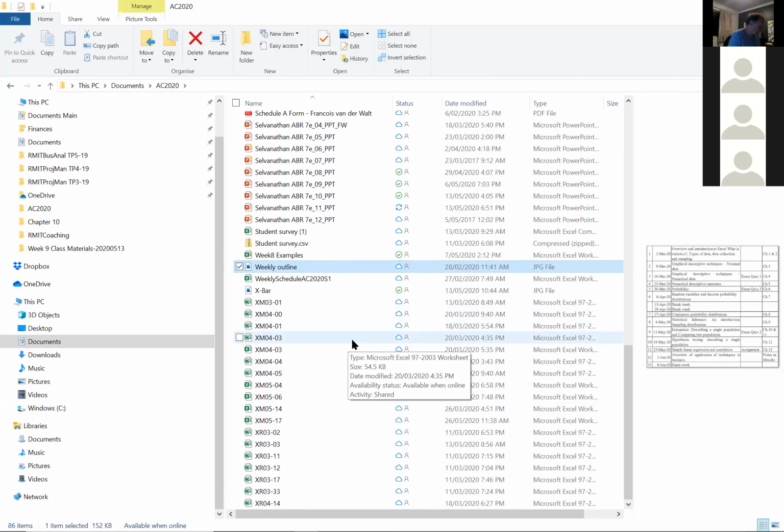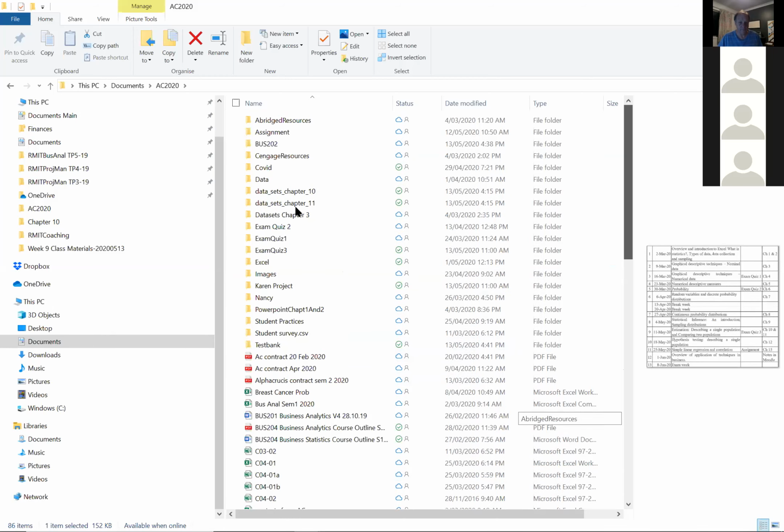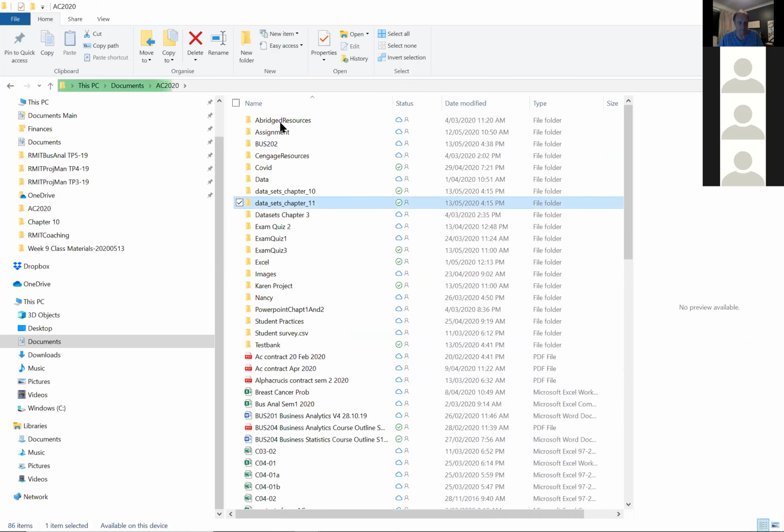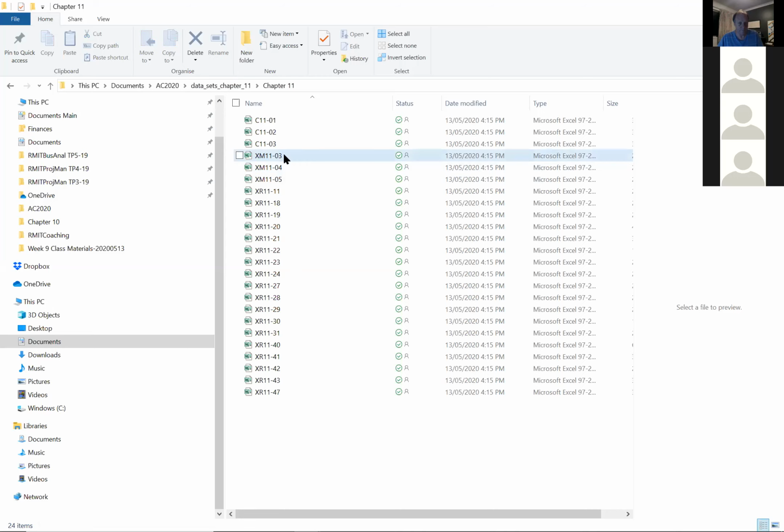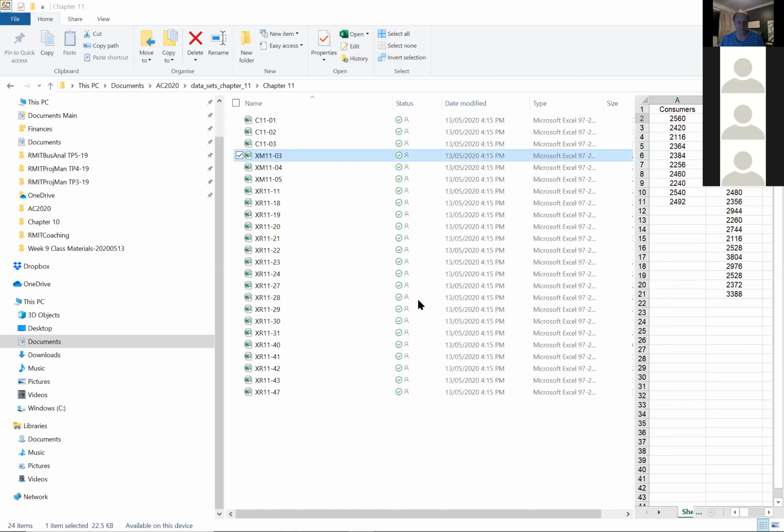XM 1103. Have you guys opened it? Yep. Okay, there's mine opening now.